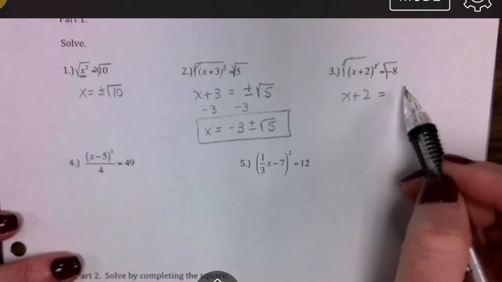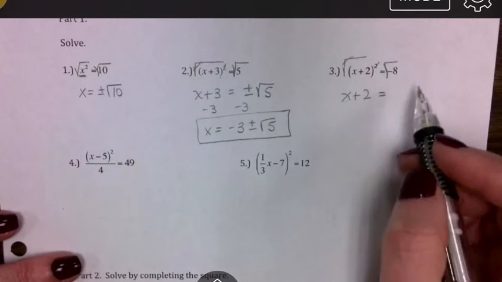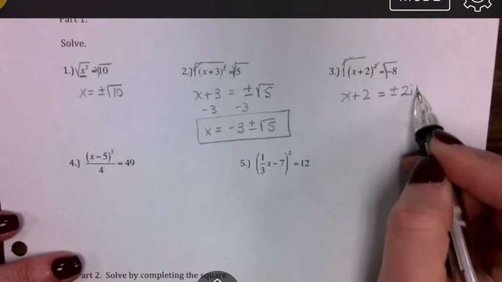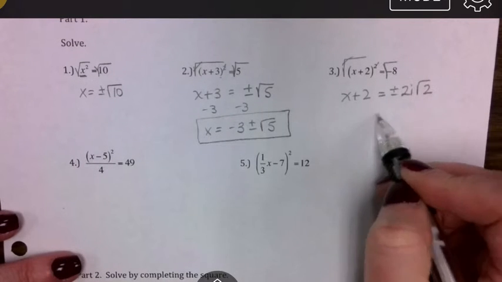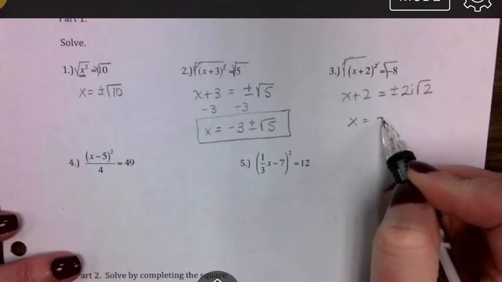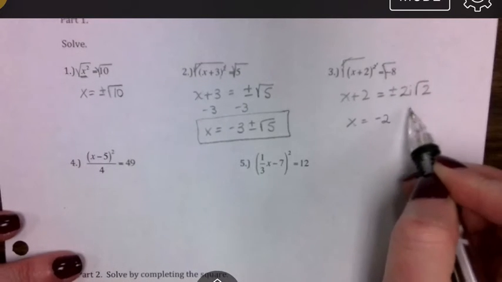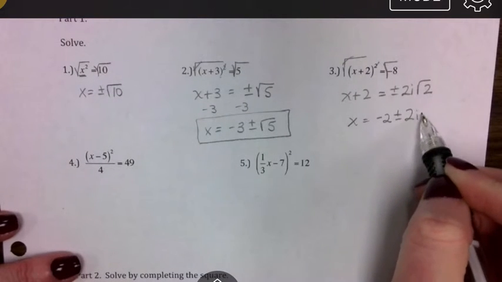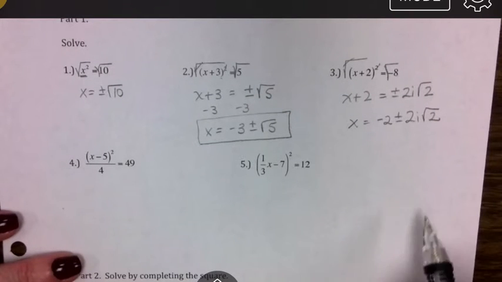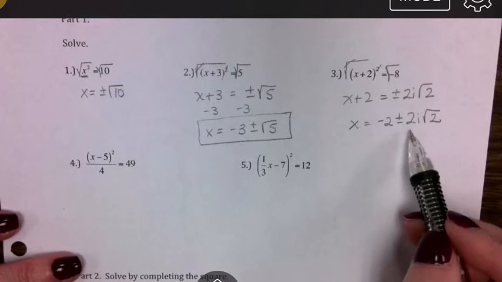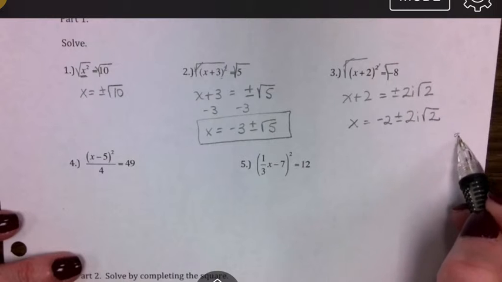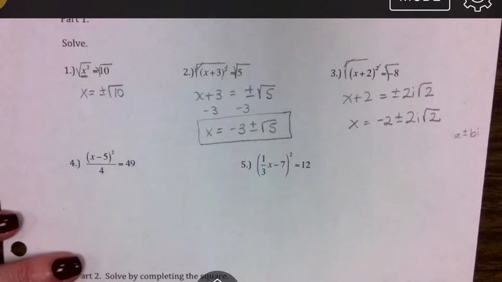We are going to be working with imaginary numbers, so this would be plus or minus 2i square roots of 2. And then subtracting the 2 over, that would go in front of the radical. And if you have an i, remember that it is written in the a plus or minus bi form.